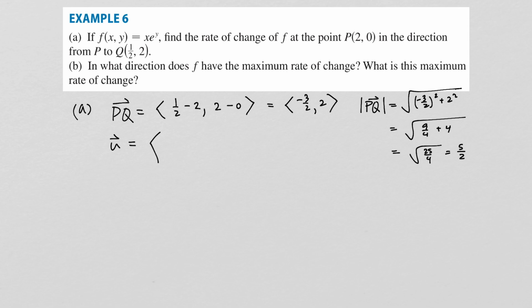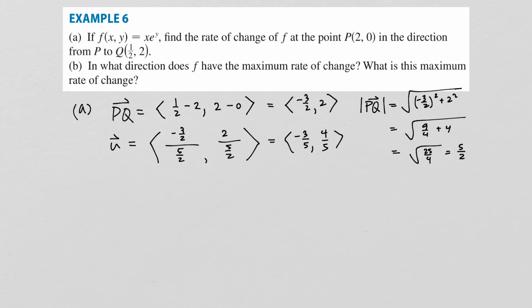So vector u, a unit vector that points in the same direction as PQ, has the x-coordinate divided by 5/2 and the same y-coordinate divided by 5/2. This gives us the vector (-3/5, 4/5).